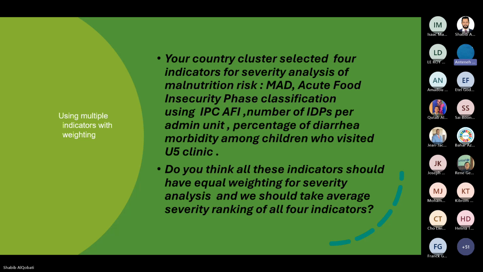We are assuming that each indicator is equal in impact. So we treat each indicator as equal, then the severity level should be the average of the 4 severities.